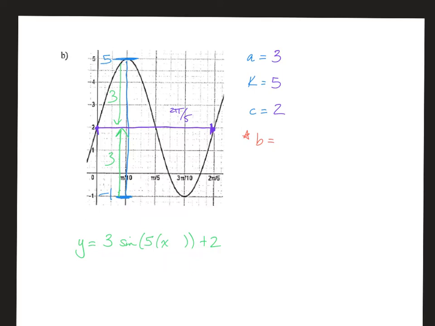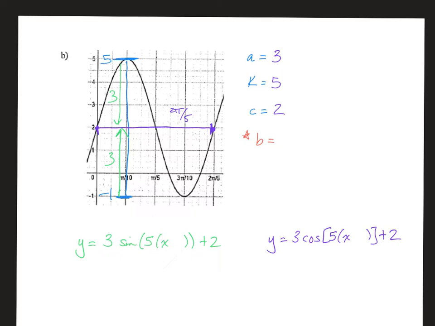Or I have a cos graph that has an amplitude of 3, a k value of 5, I'm not sure what a phase shift is, if it even includes one, and a shift up 2. As we take a look at that graph, we have to consider, do I want to use a sine or a cos curve? And when I use the other one, do I have a phase shift?